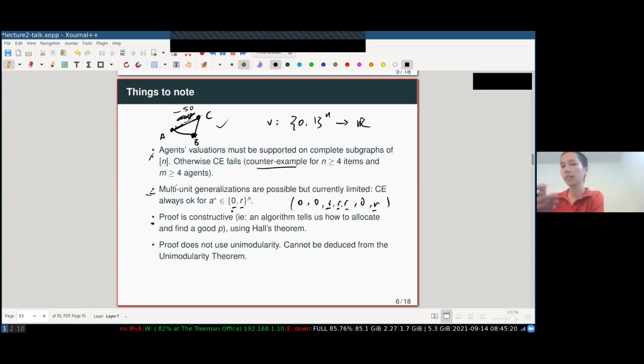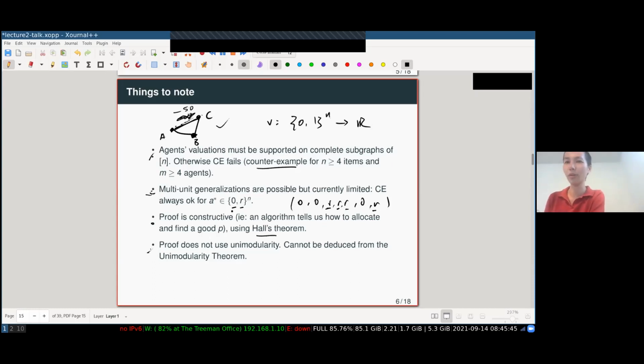It's a little bit hard to outline, but underlying it is a matching theorem. And the proof does not use unimodularity. We haven't found a way to set it up as an integer program such that you can say, under my condition, this matrix is unimodular and therefore I'm done.